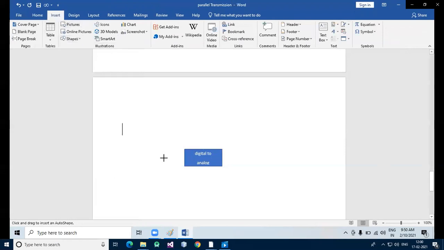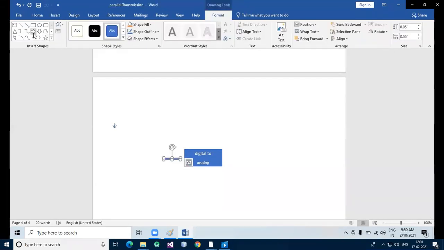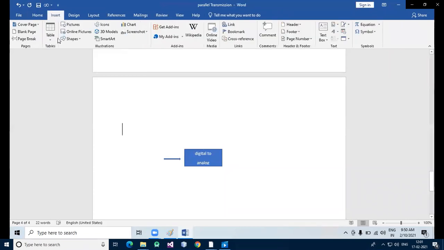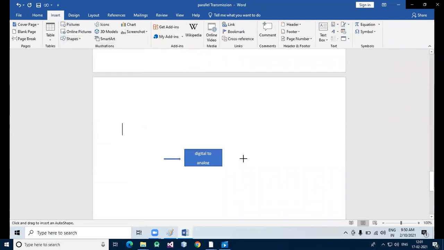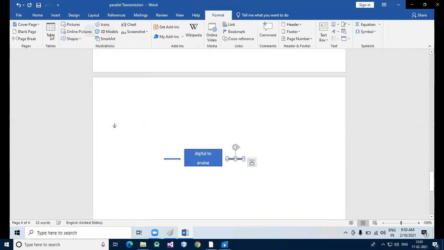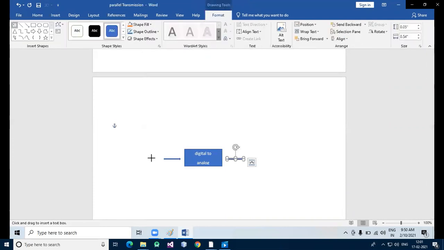You know the meaning of digital and analog, right? We have already seen the difference between analog and digital signals at the starting point.